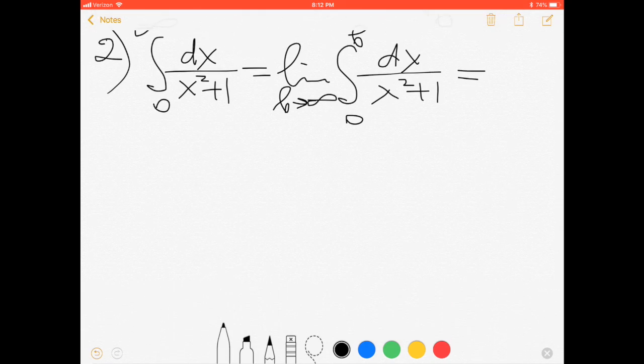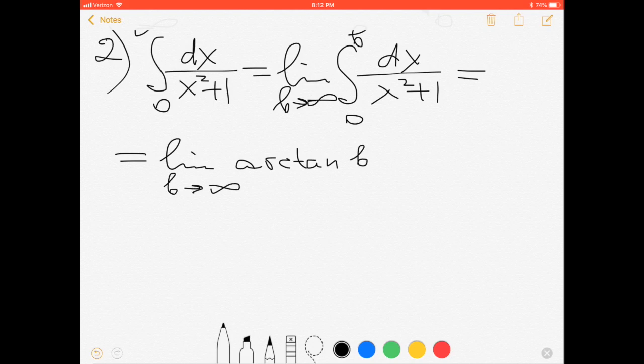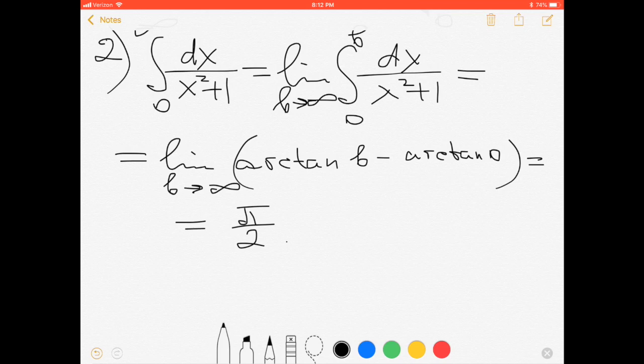This means the result will be the limit of arctangent b as b approaches infinity minus arctan 0. Arctan 0 is 0. This means arctangent b, as b approaches infinity, will be exactly pi over 2.